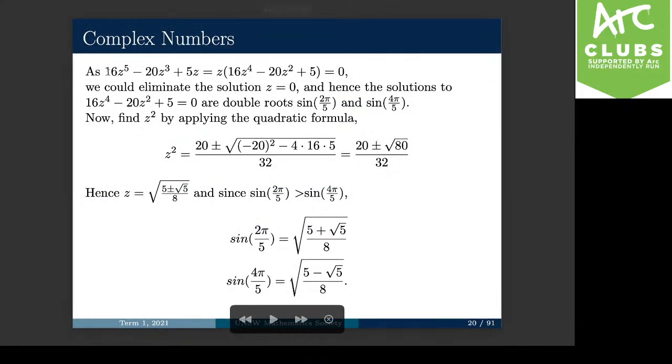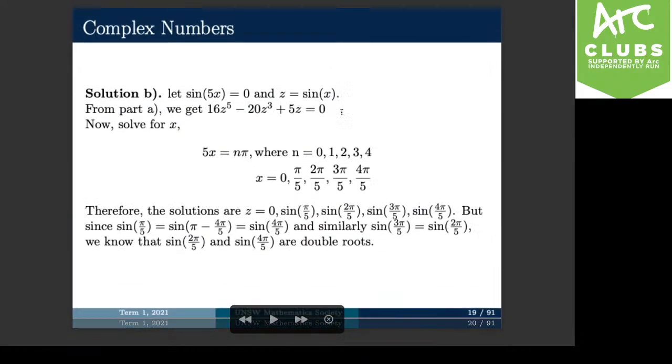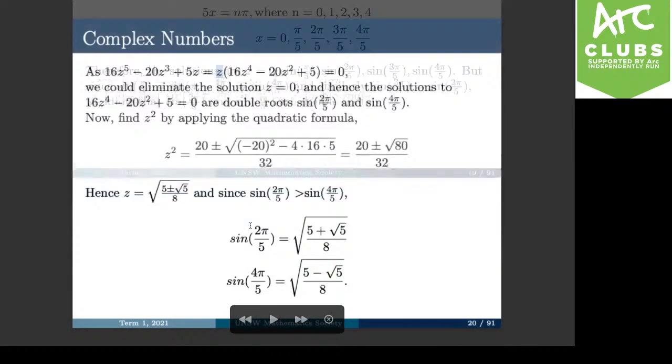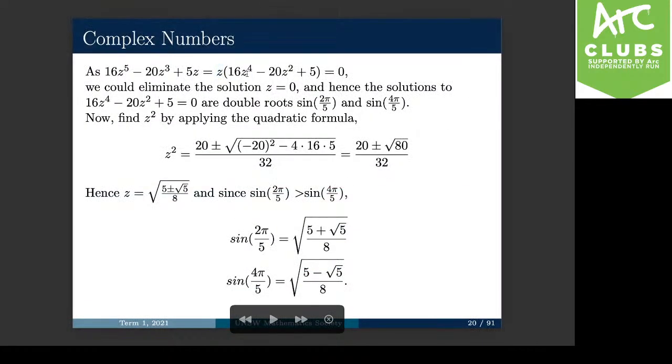So then we can actually take z out and eliminate z, because z will just be 0. And then when we found earlier z will just be 0, we can actually take this out. And then since the only two roots left are sine 2 pi over 5 and sine 4 pi over 5, we can actually apply the quadratic formula to find z squared.